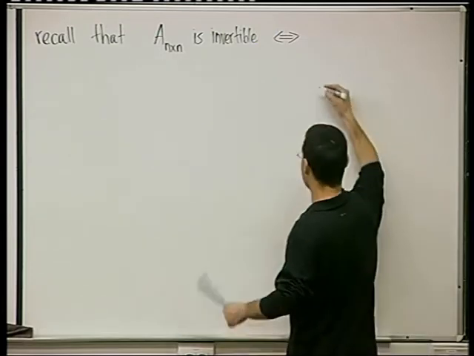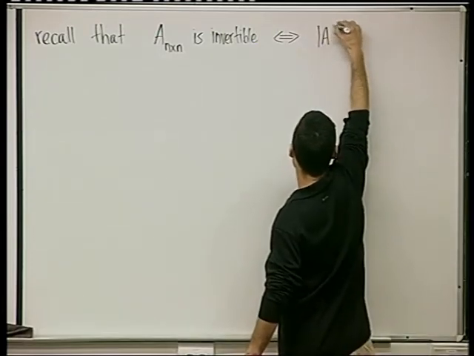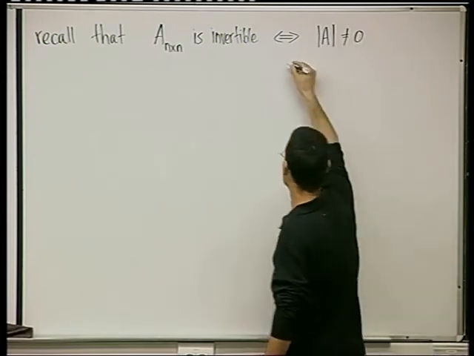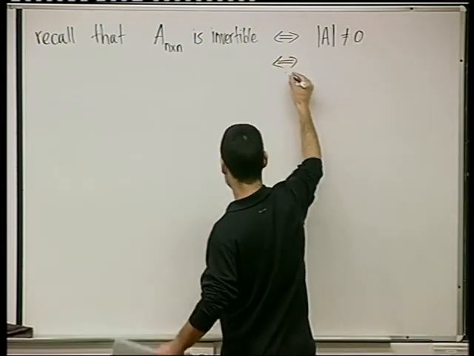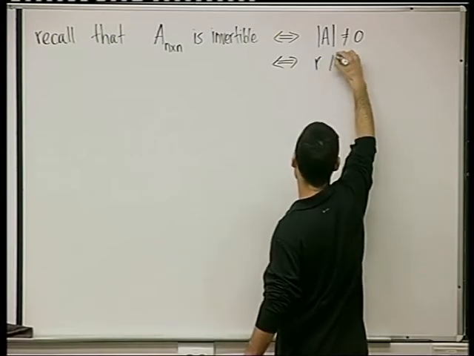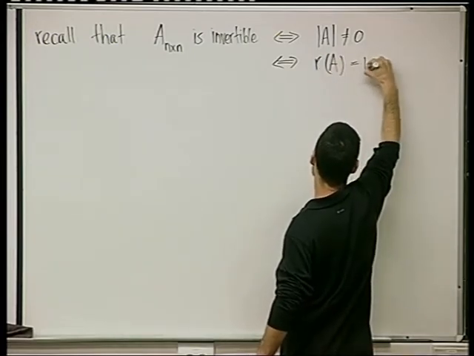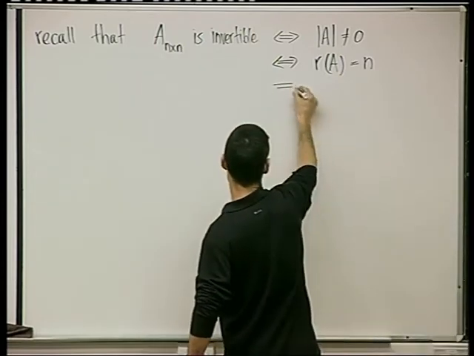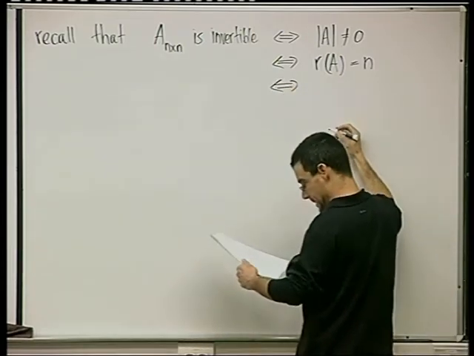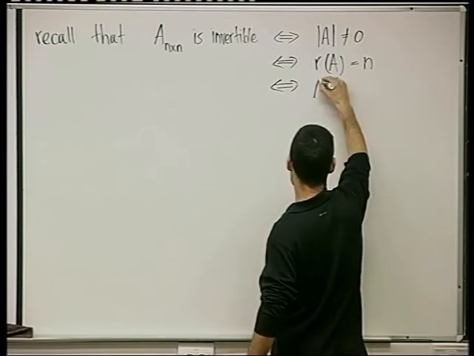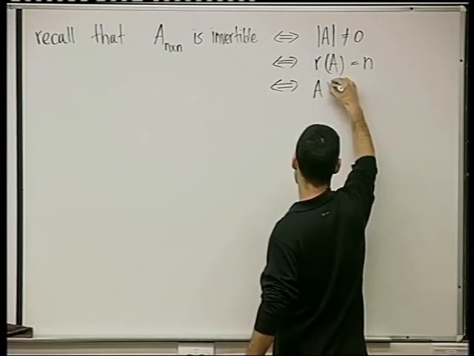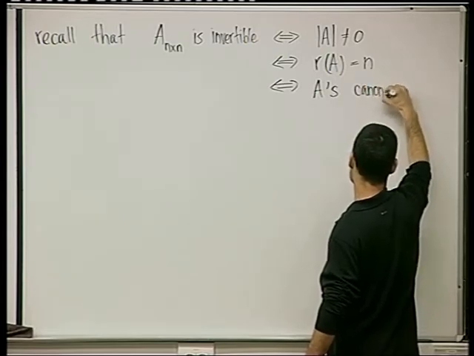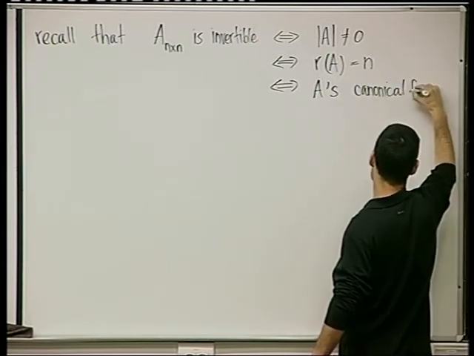So what do we have? We have the determinant of A is non-zero, right? If and only if the rank of A is full, n, right? If and only if A's canonical form is what?